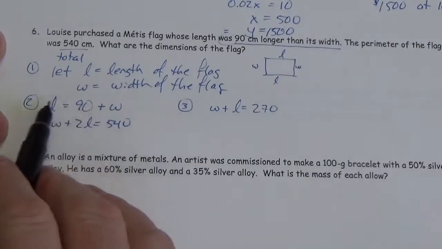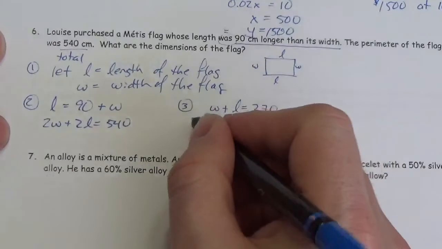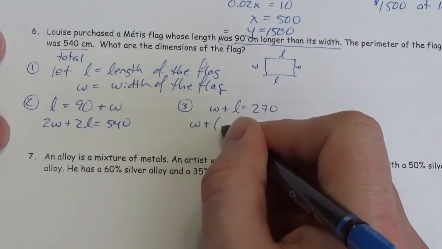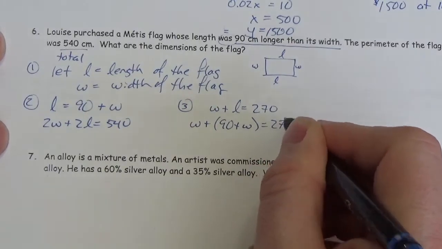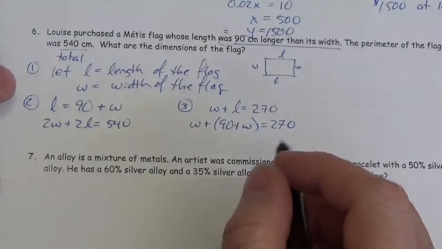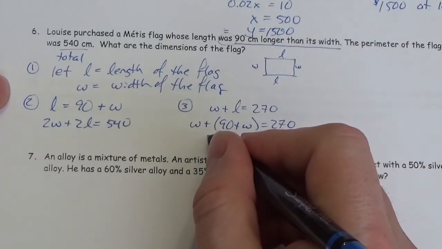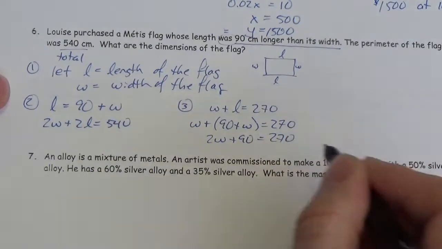Now for my next step, I see that L can be rewritten as 90 plus W. So I'm going to rewrite that L as 90 plus W is equal to 270. There's no coefficient here, so I can just drop those parentheses and put those like terms together. So 2W plus 90 is going to equal 270.